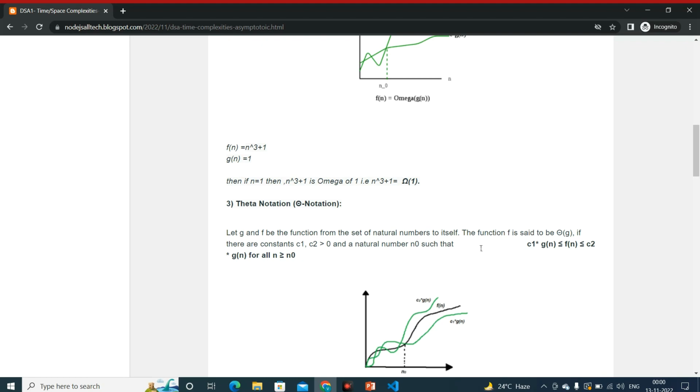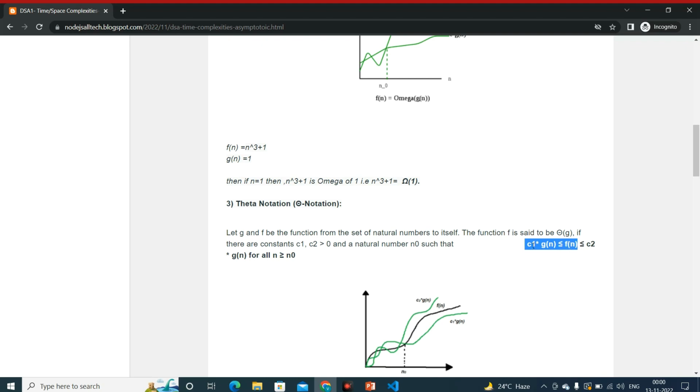So I will explain in simple words that theta notation is the combination of big O notation and omega notation. From the expression you can observe that c1 g of n less than or equal to f of n represents the omega notation.